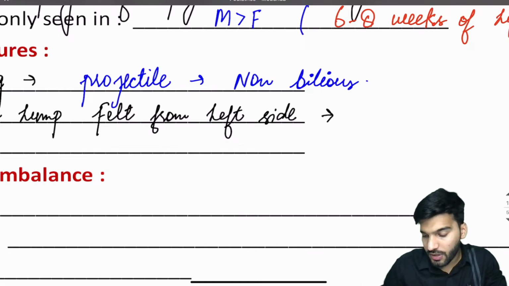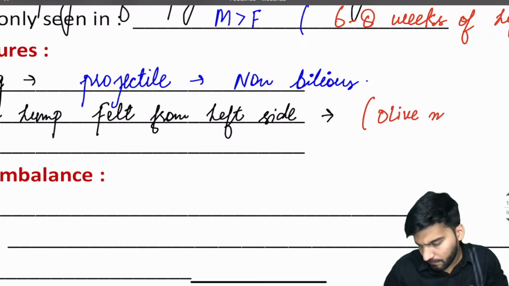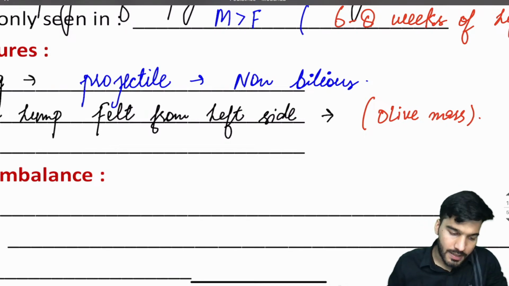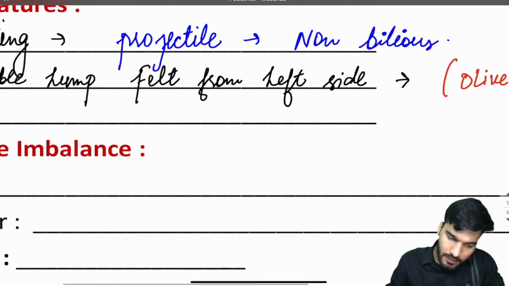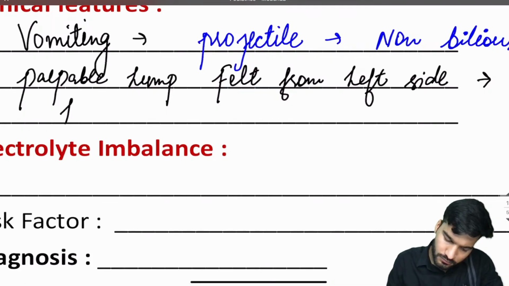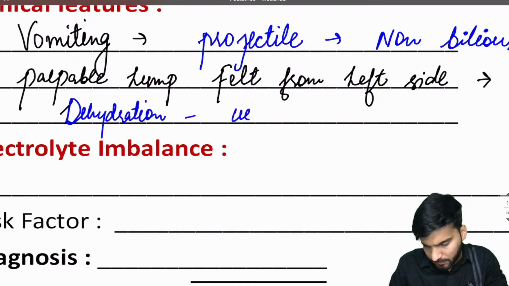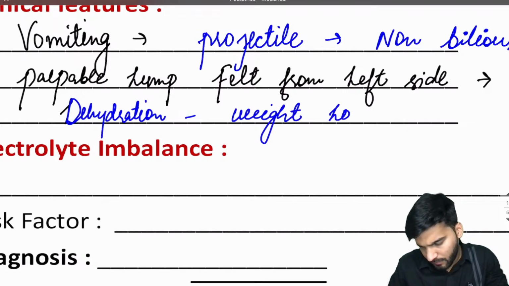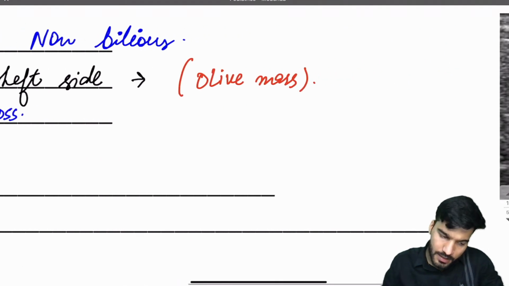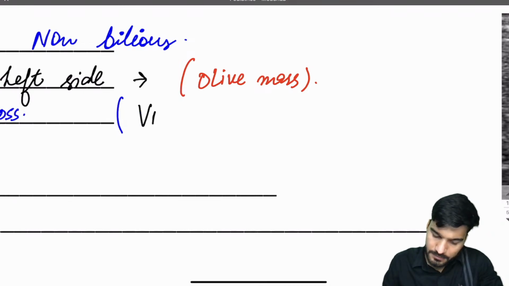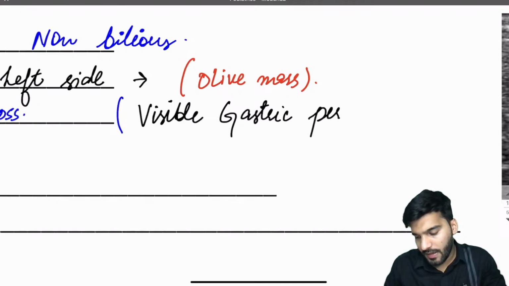That's why in questions they will mention olive mass. Due to the continuous vomiting, there will be dehydration and weight loss, and there will be visible gastric peristalsis.